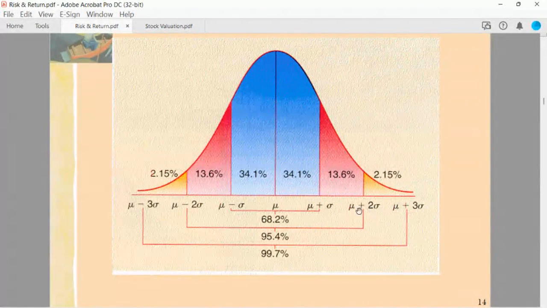It's 2 standard deviations above the mean, so this would be like 19%. And also 2 standard deviations below the mean, 14% probability that the actual return will fall here, which is, this is -5, so -13, right?